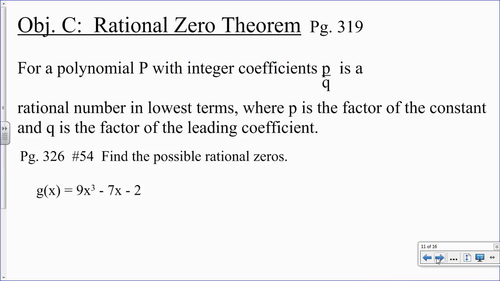Skip that and talk about this. So you might remember this from pre-calc or algebra 2, rational zeros. You do your p's over q's. So you get a nice list.